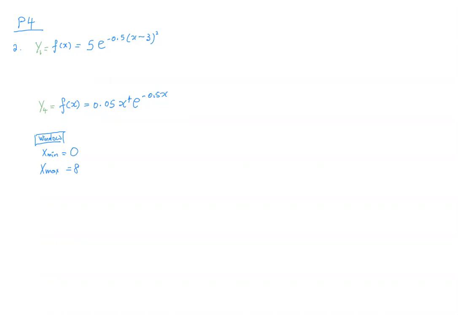Then after that, you go to zoom, you select zoom fit. Okay, then you will come out with the graph. If you look at the answer that I give, you will get the graph. You get a graph that looks like this.